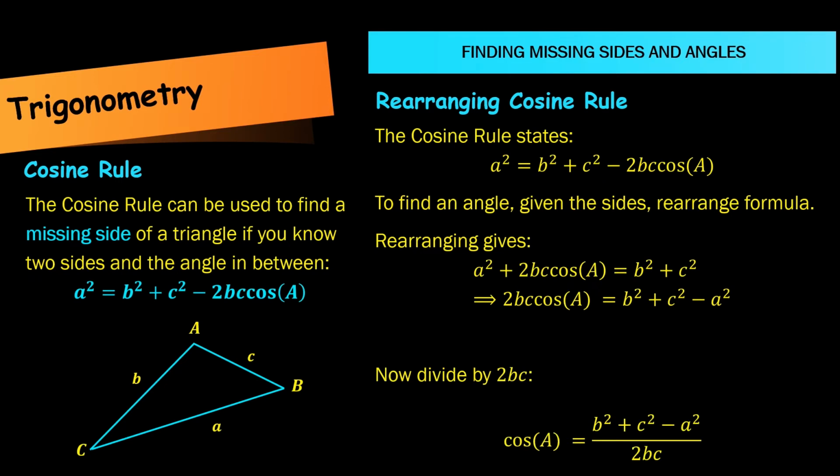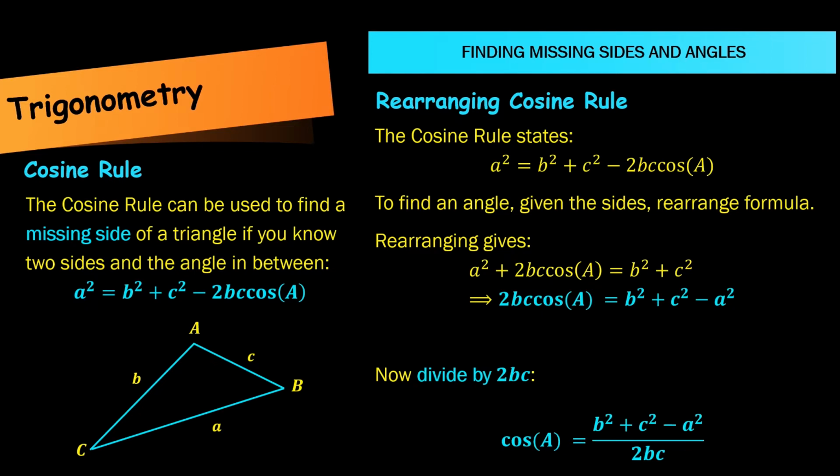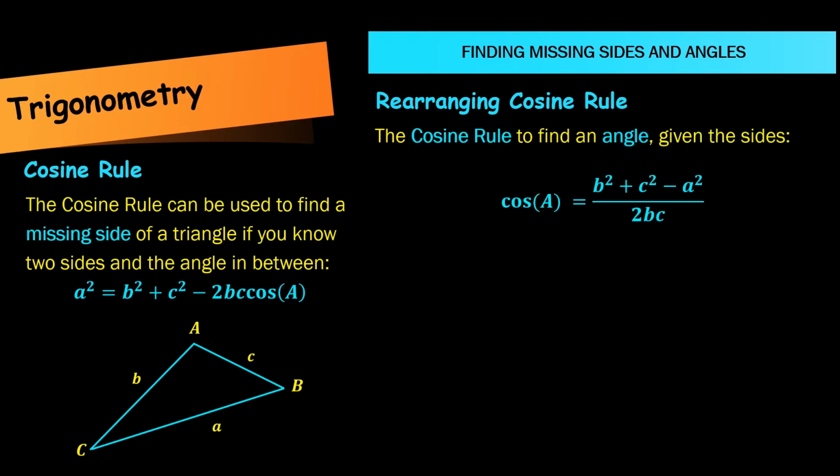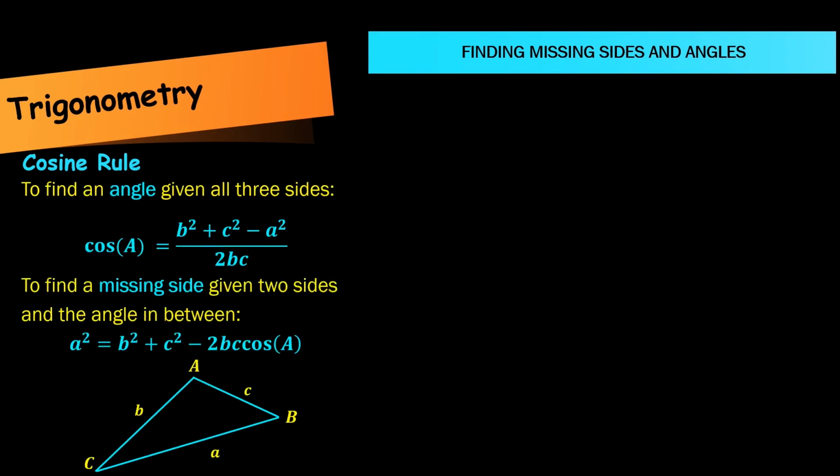And finally divide by 2bc. So the cosine rule to find an angle given the sides is given by cos A equals (b squared plus c squared minus a squared) all over 2bc. And here we have both the formulas.